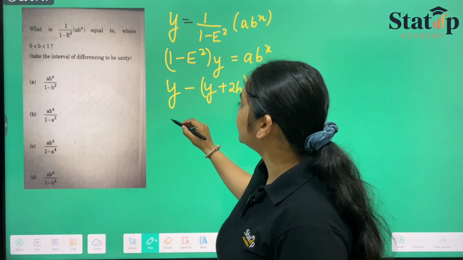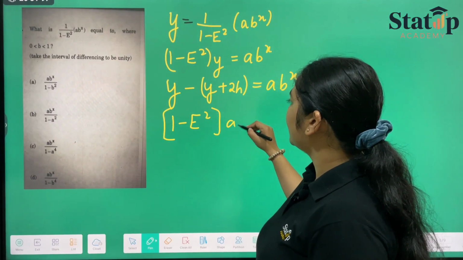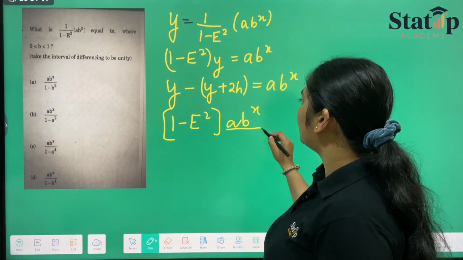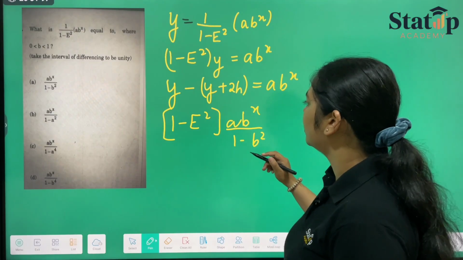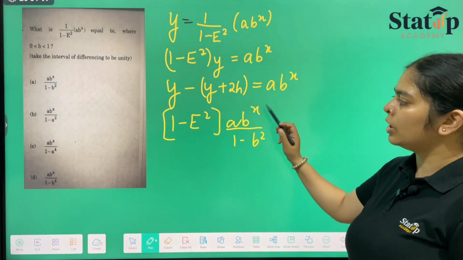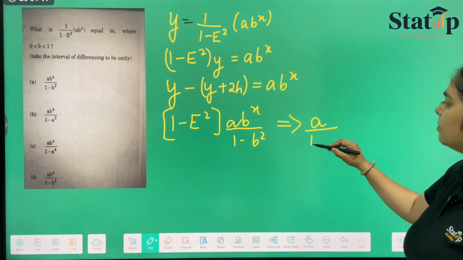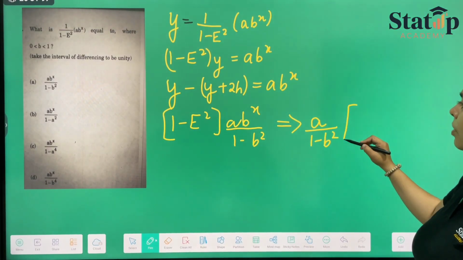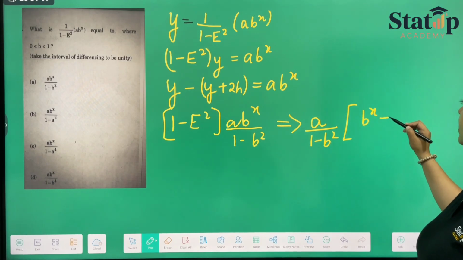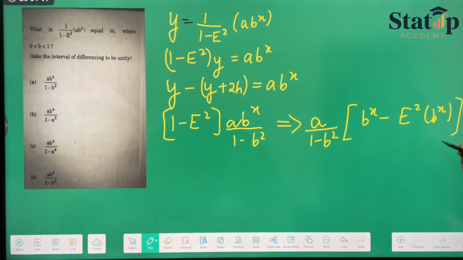So first of all, let us take option number A, ab^x upon 1 minus b square. So this will be implemented only on b raised to the power x. So it will be a upon 1 minus b square, which comes out common, b raised to the power x minus e square b raised to the power x.